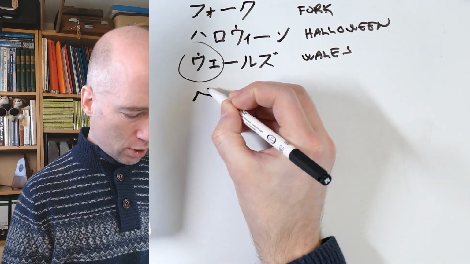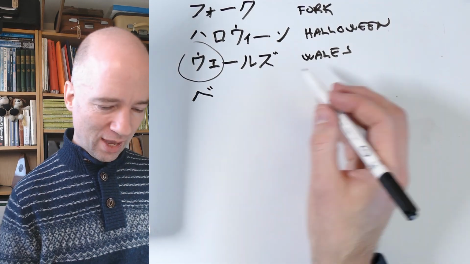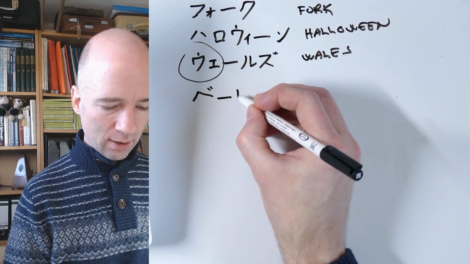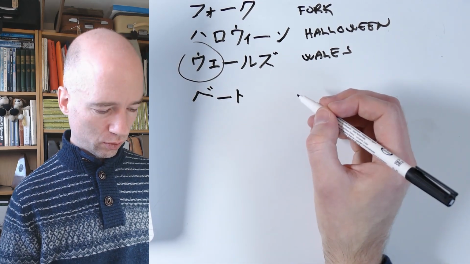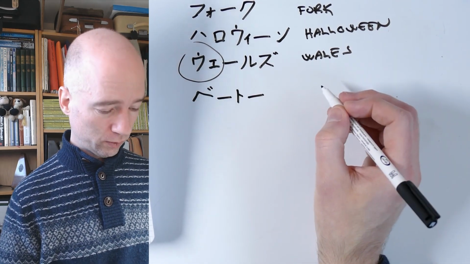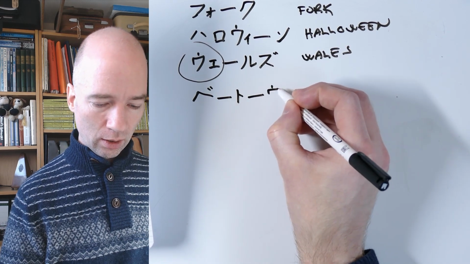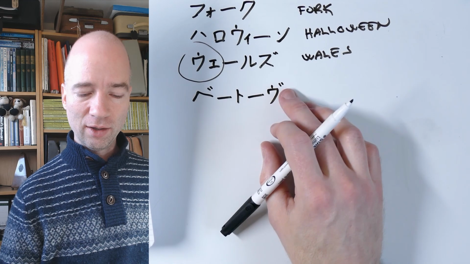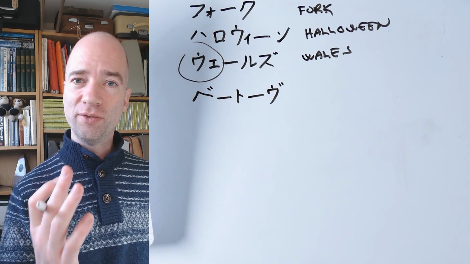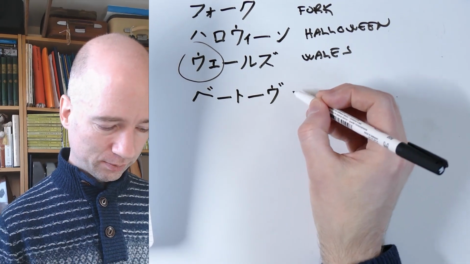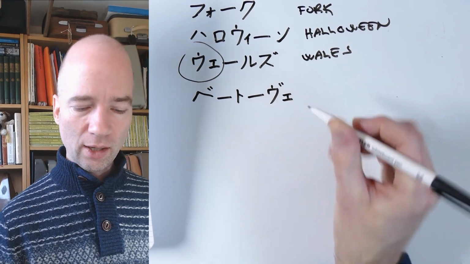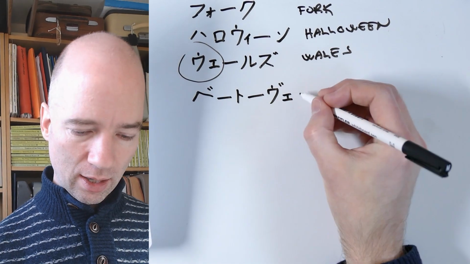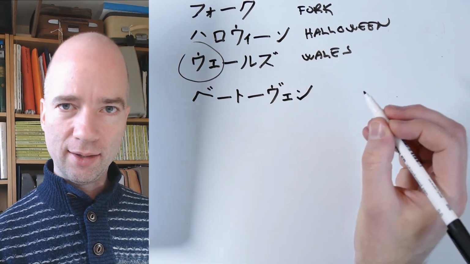Another interesting one, they're all interesting. Bi, long e, to, long o, u, but with dakuten becomes vu. With a small half-sized e, it becomes ve. And then we have N at the end.